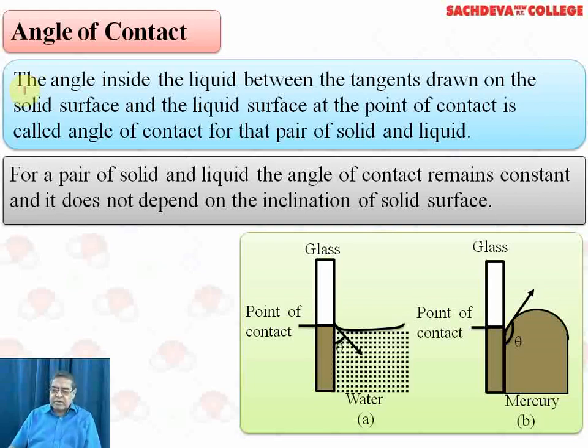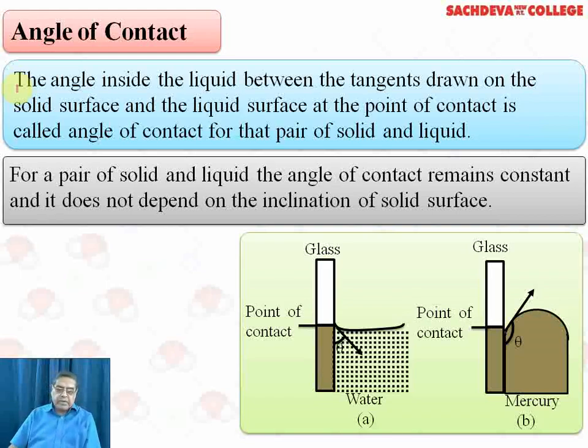The surface of the water in the capillary will be a concave surface. But if it is mercury in the glass tube, then the meniscus will be convex, and the angle of contact is the angle between the glass surface and the tangent drawn on the arc, that is the meniscus.